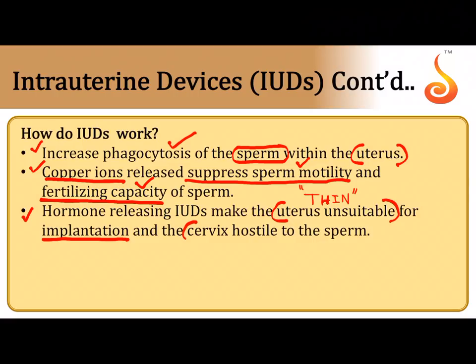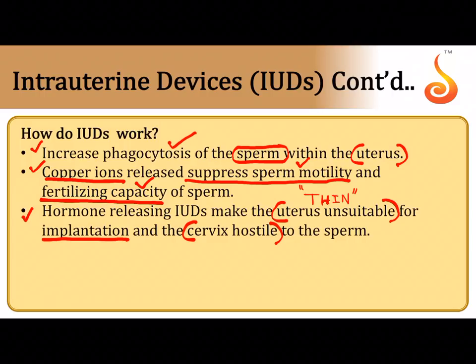It also makes the cervix hostile to the sperm, unfavorable to the sperm. So it alters the environment in the cervix. Obviously the sperm has to cross the cervix to reach the uterus. Because of the IUD, the cervix is made hostile and the sperm get killed when they are passing through the cervix. Did you understand the mechanism of action?